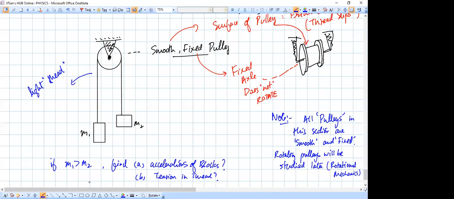So if m1 is the heavier mass, it will go down and this will come up with the same acceleration. And because it's a light thread, uniform tension will be acting throughout it.